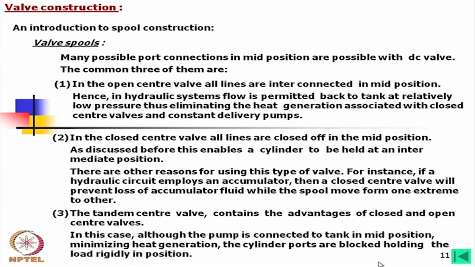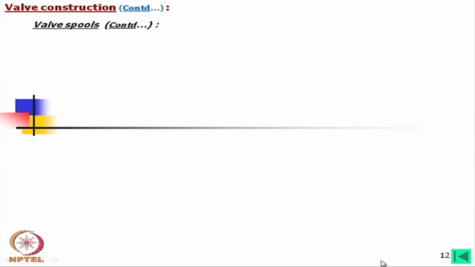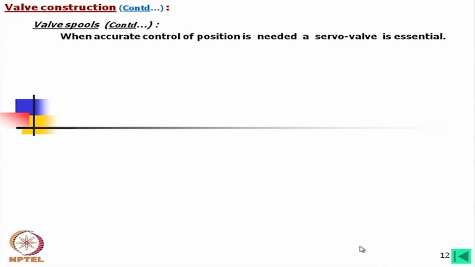In this case, although the pump is connected to tank in mid positions, minimizing heat generation, the cylinder ports are blocked, holding the load rigidly in position. Now, valve spool: when accurate control of position is needed, a servo valve is essential.